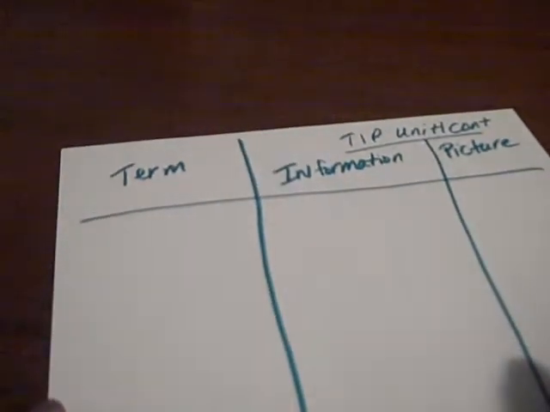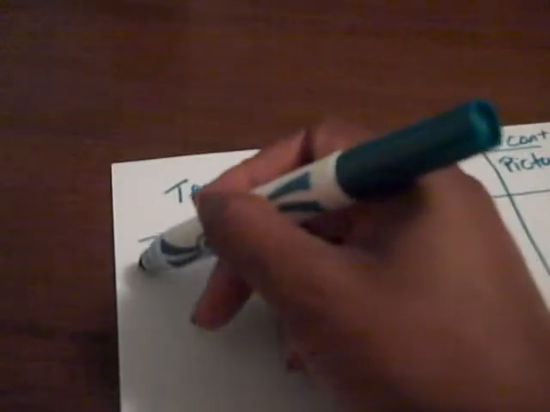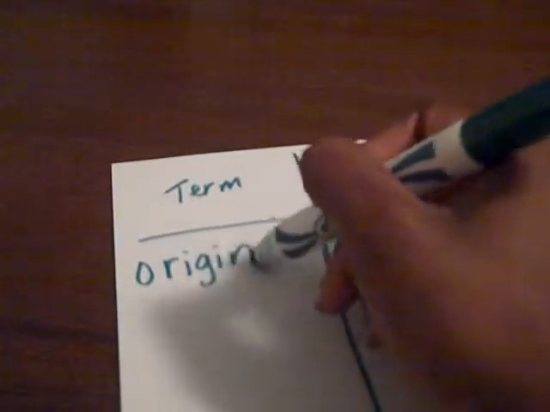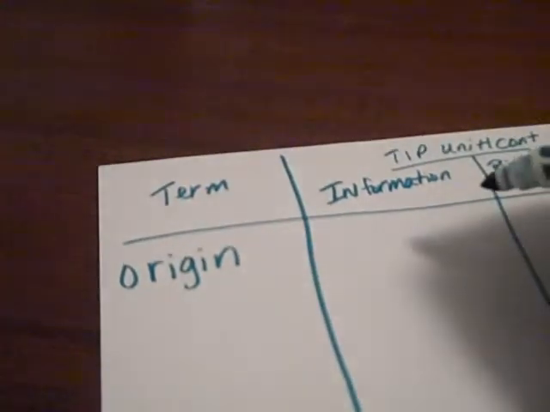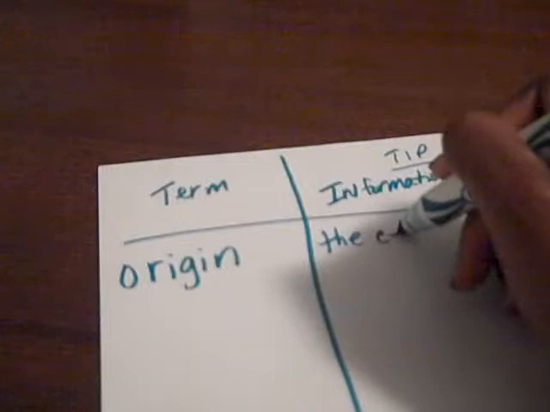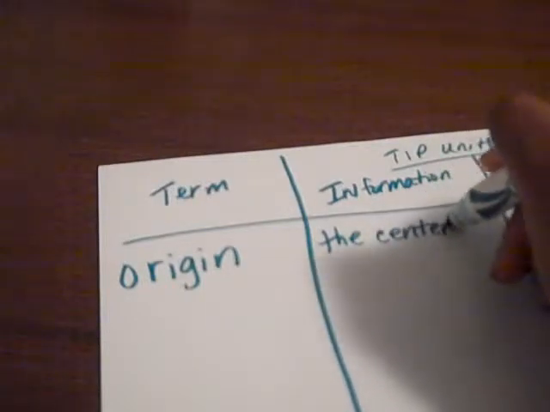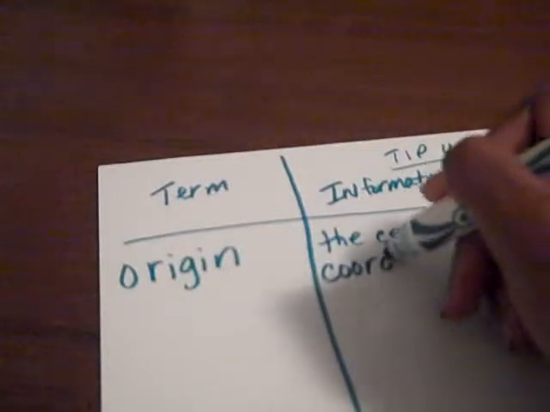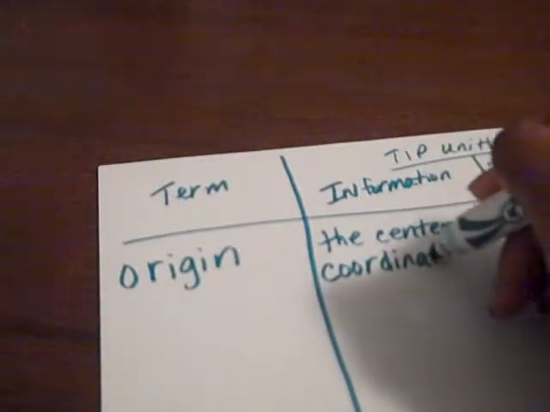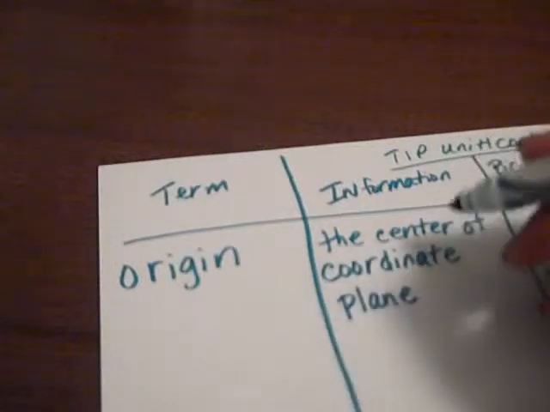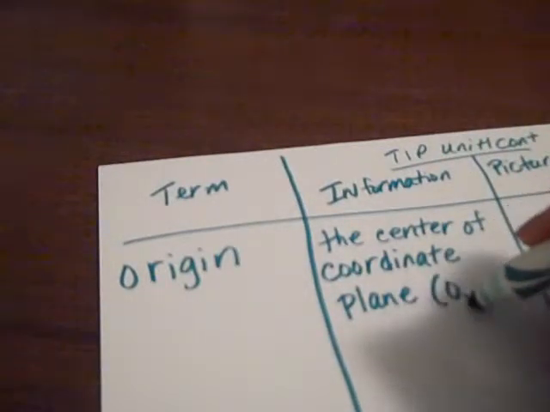So now that I have my paper set up, I'm going to begin with my first term, which is origin. The origin is the center of the coordinate plane and it falls at point 0, 0.